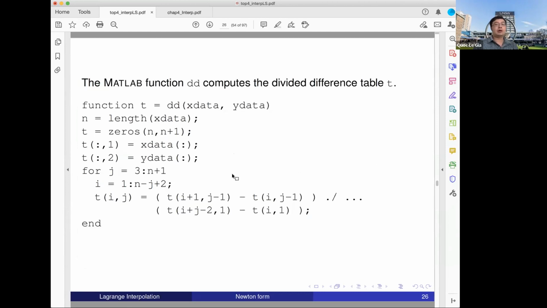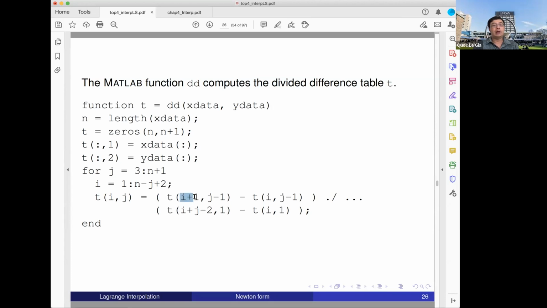Yeah, you have to go through the loops, but essentially the loops will do exactly what we did for the divided difference table. This Tij, please check the index. But this one is just a double loop.